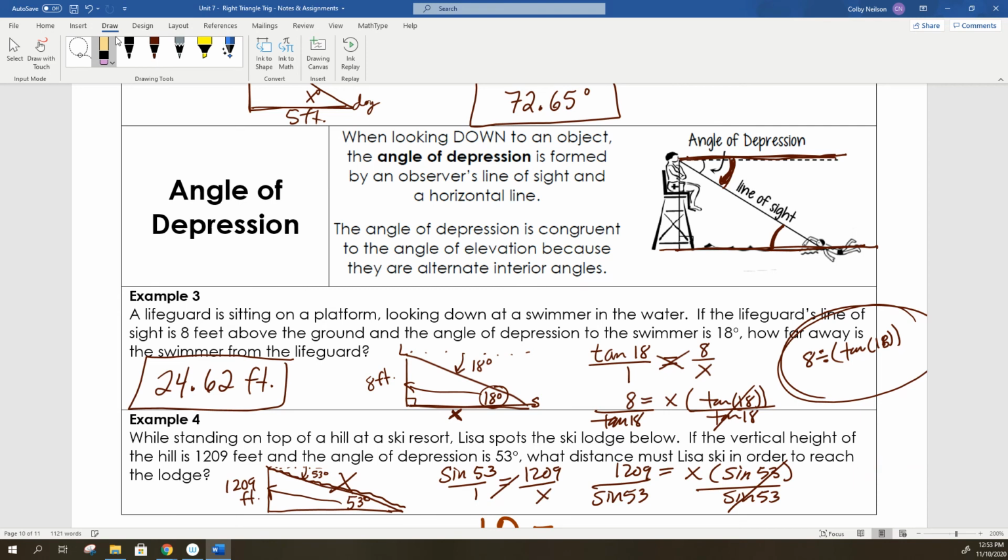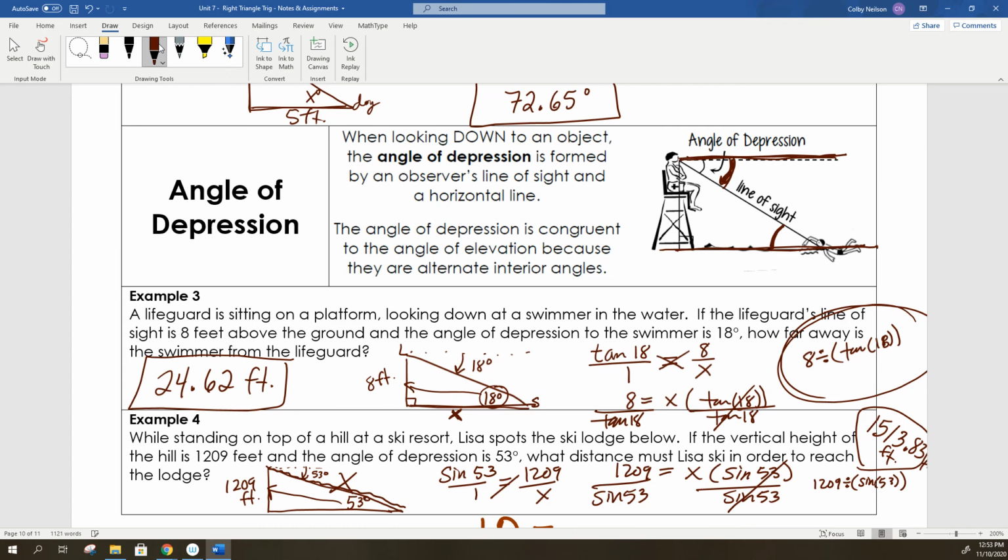Running off the page. 1209 divided by, parentheses, sine 53, close the sine of 53. I'll write my answer over here. Let's see. What do you get? Anybody have that yet? 1,513.83 feet. Okay.